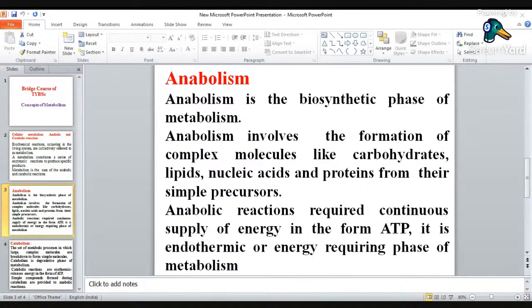Is it clear to you? Yes. Now, the next concept is the concept of catabolism.